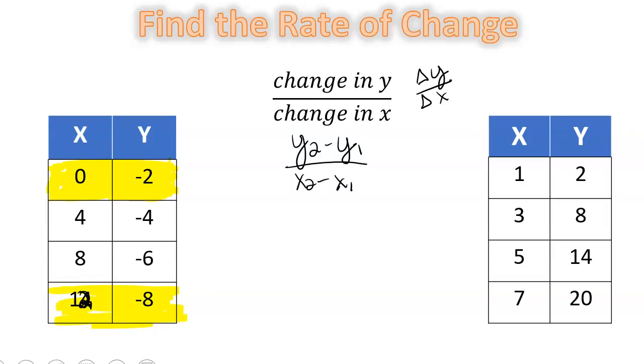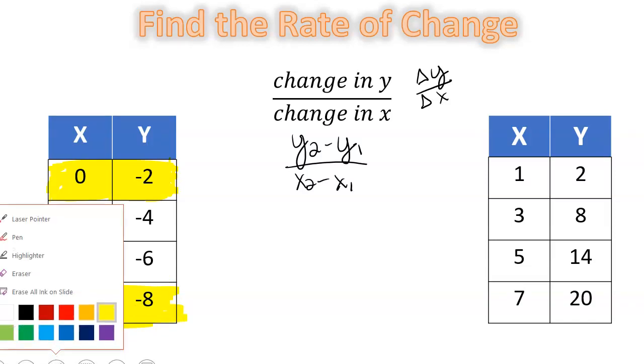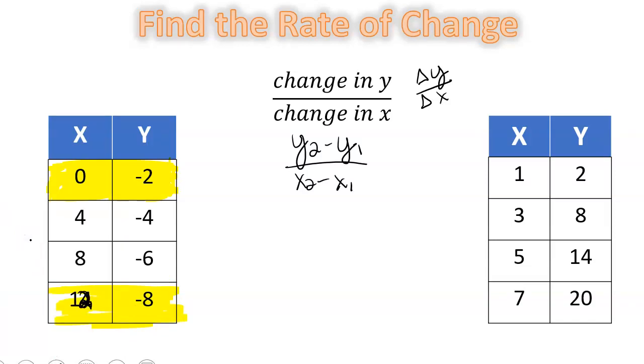Then we're going to label them. My first point I chose was 0, -2. So I'm going to call this one x1 and y1. And then my second point is x2, y2. You need to be careful when you are labeling. If you call 0 x1, you have to call -2 y1. They have to stay together.